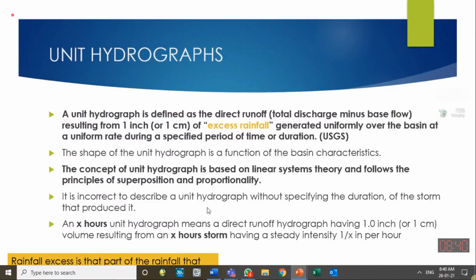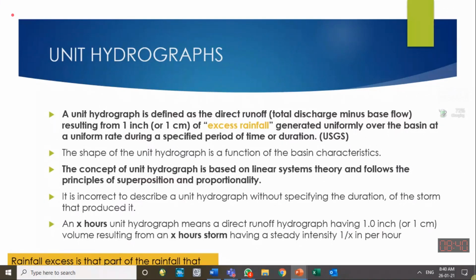So it is incorrect to describe a unit hydrograph without specifying duration. Whenever somebody tells you this is a unit hydrograph, the first question should be: what is the storm duration for which this unit hydrograph is effective, for which it has been made? We know that the storm duration changes the intensity of the rain and the behavior.